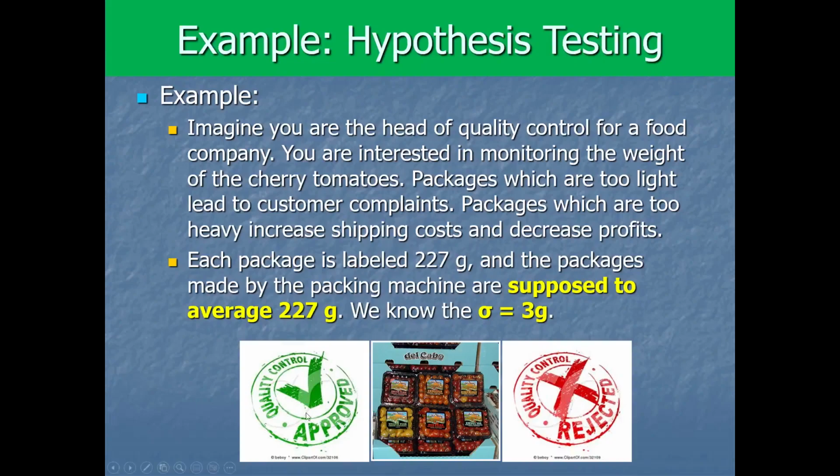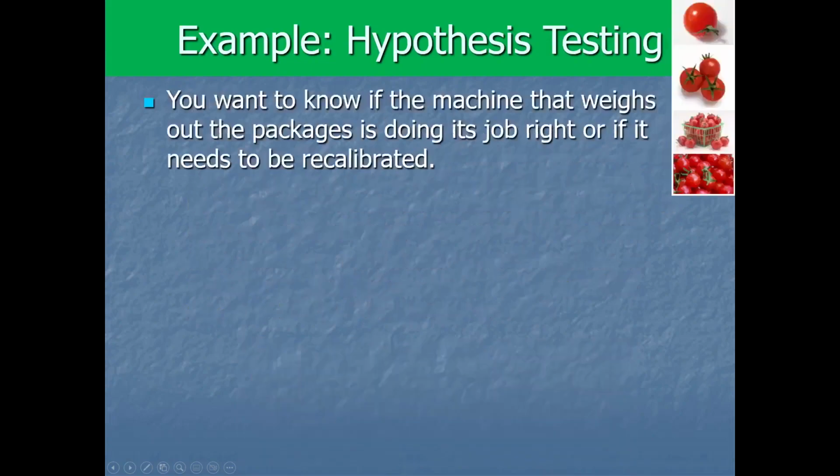So it's the mean and the standard deviation of what things are supposed to be when the machine is working. Now you want to know if the machine that's weighing out the packages is doing its job correctly or if it needs to be recalibrated. So in other words, you want to know if it's churning out packages that are too heavy or too light. So what might your hypotheses look like? Pause and try writing them down before unpausing.